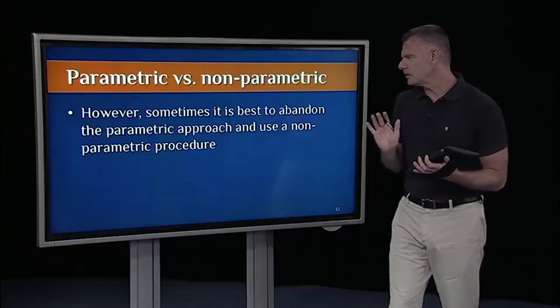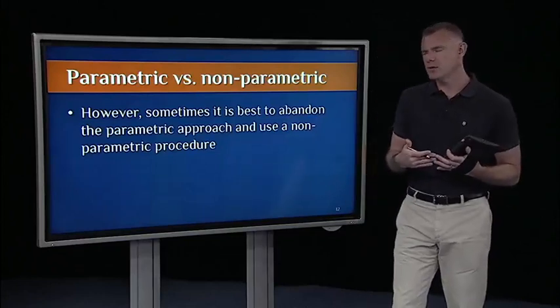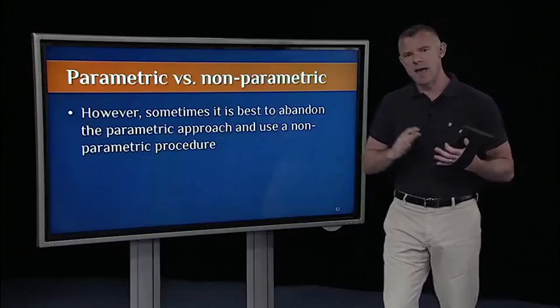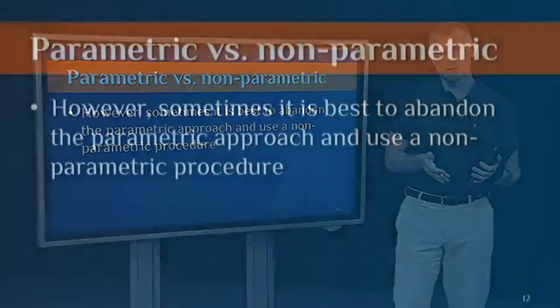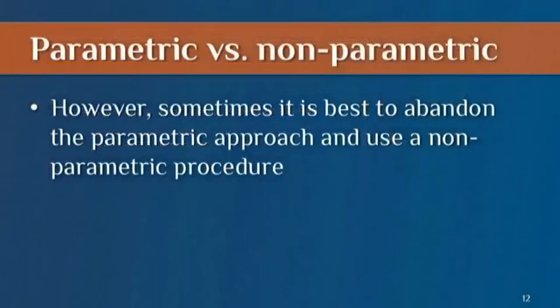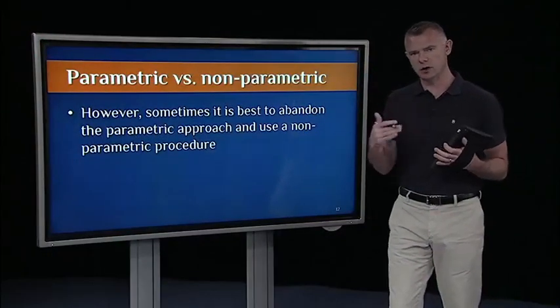However, sometimes it's not possible to just apply a quick fix. And in those cases, we might want to just abandon this parametric approach altogether. And that's where non-parametric statistics comes in. Now, a complete comprehensive coverage of non-parametric statistics is really beyond the scope of an introductory course.